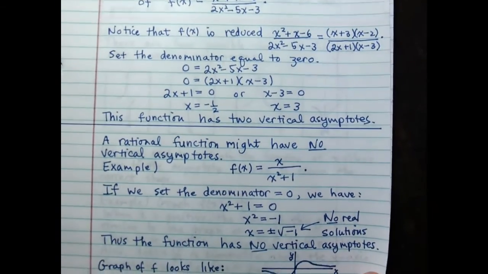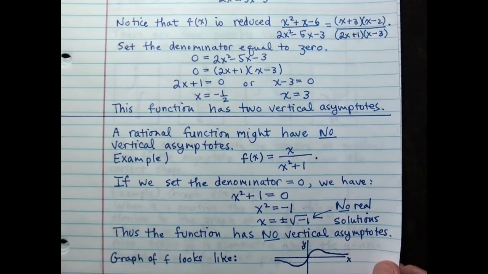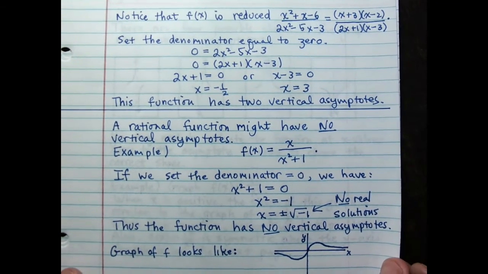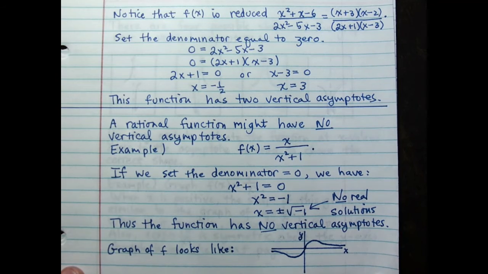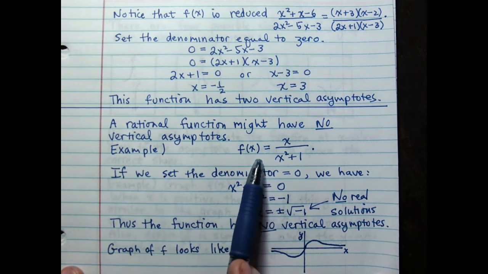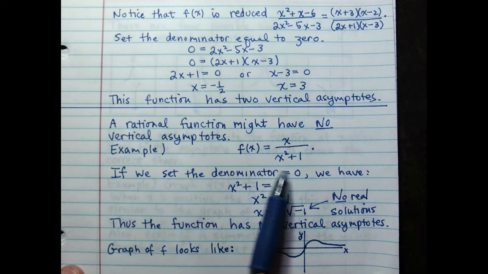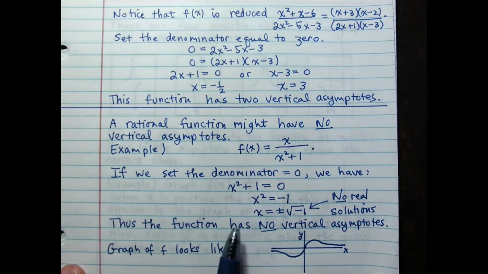Also, one last thought here. A rational function might have no vertical asymptotes at all, and we should be prepared for that possibility. Here's a function x over x squared plus 1. If we set the denominator equal to 0, here we have x squared plus 1 equals 0, which when we go to solve that little quadratic equation, we're trying to take a square root of a negative.